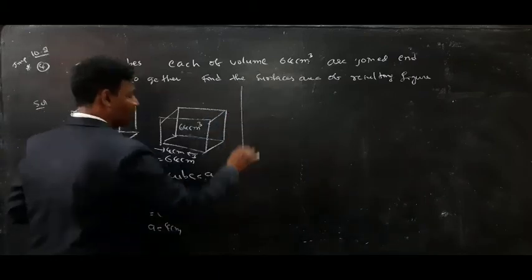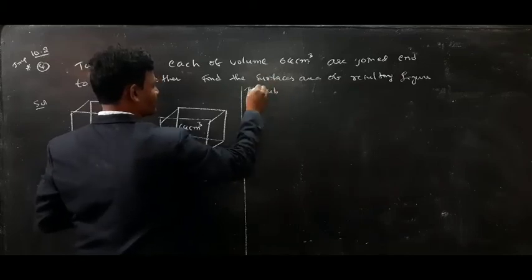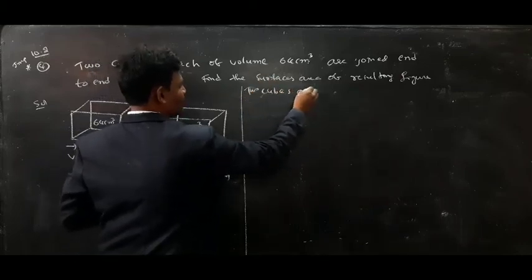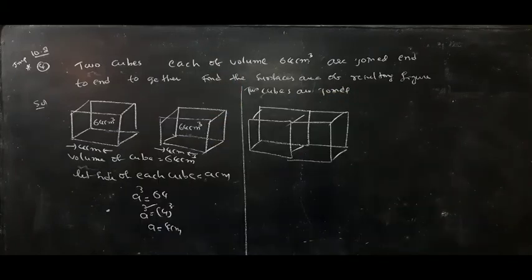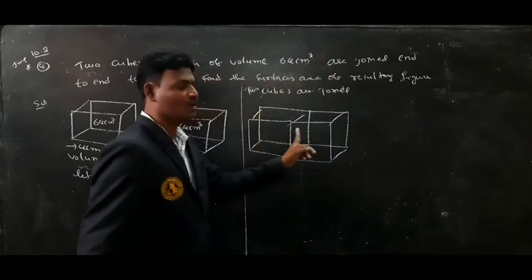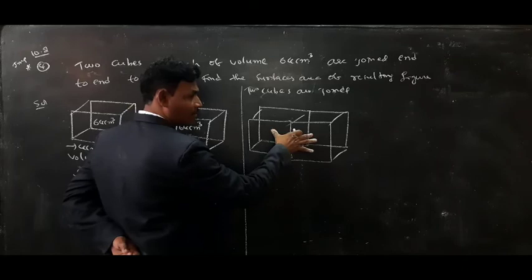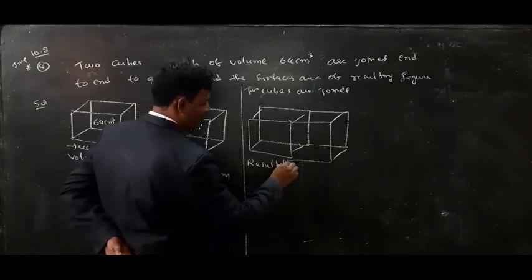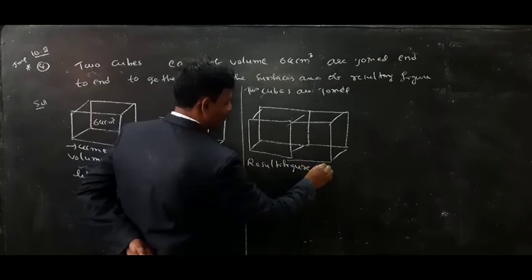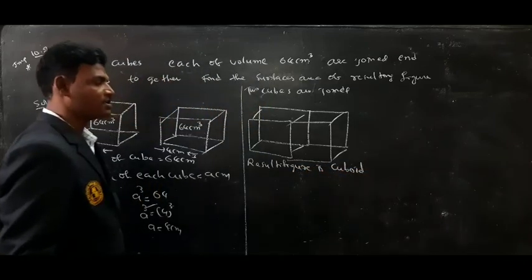Now what is here? 2 cubes are joined. So after joining the 2 cubes, what is formed? Cuboid. The resulting figure is a cuboid.